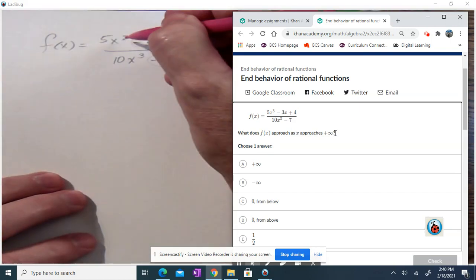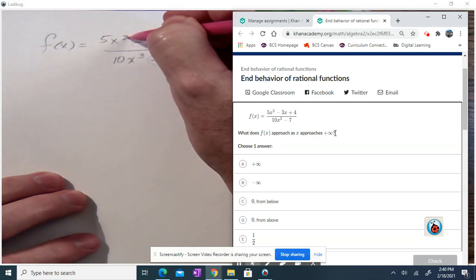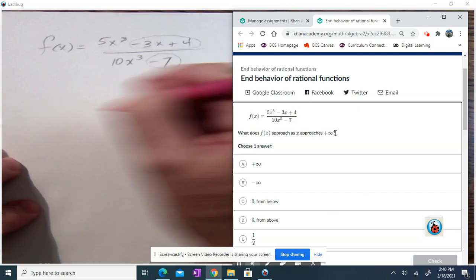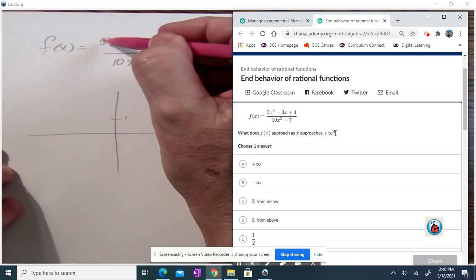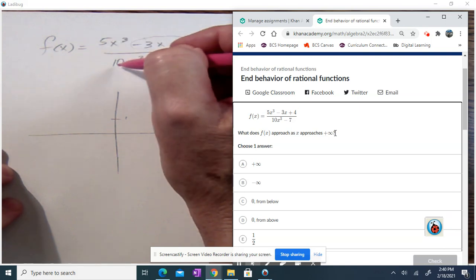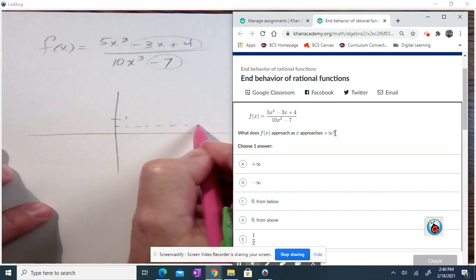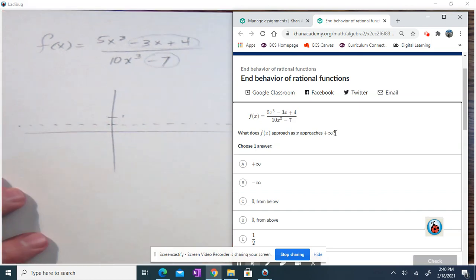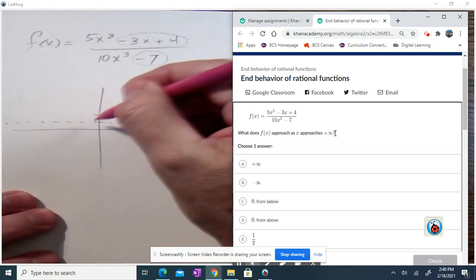Now, since the powers of these are the same, if I were to draw a sketch here, let's say there's 1. The value of these coefficients is 1/2, so it's right here. There's going to be this artificial barrier, and the graph is going to approach that at some point. I don't know how it's going to behave in the beginning; it could do all kinds of crazy stuff.